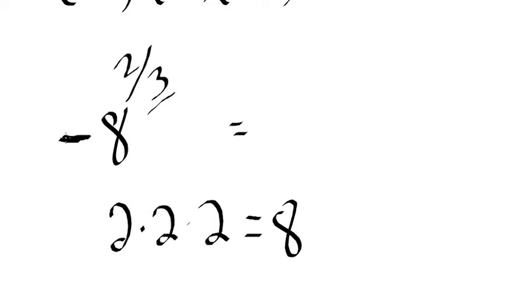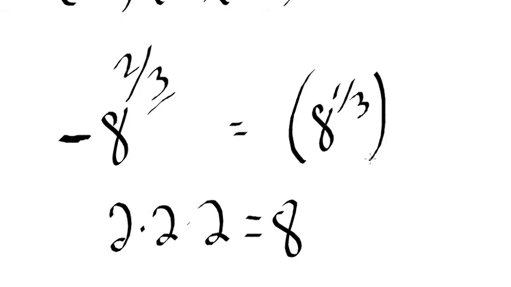But think about this. We've been working those problems. Now the whole thing is raised to the 2nd power. You see that? 8 raised to the 1/3, and the whole thing is raised to the 2nd power. What do we do with exponents? We multiply them together. So 2 times 1/3 is 2/3, which is what we have right here. But we can work it this way first. So 8 raised to the 1/3 is going to give us 2.